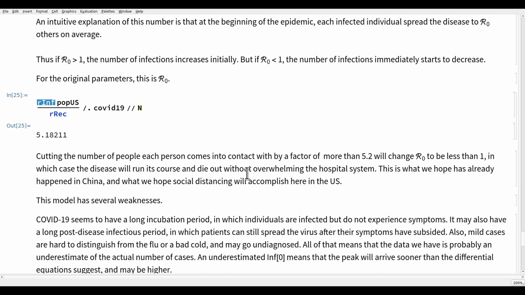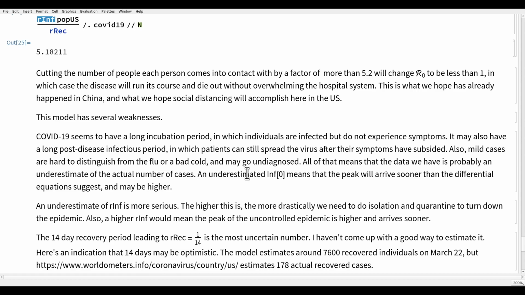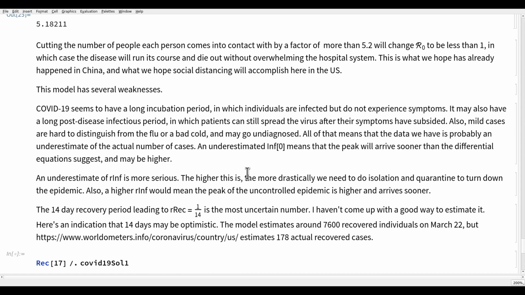Now let me mention a few of the weaknesses. I won't read all of this. One of the complications with COVID-19 is that it seems to have a long incubation period. So that's when someone has the virus and is able to spread it, but isn't experiencing symptoms. So they may not know that they're infected.